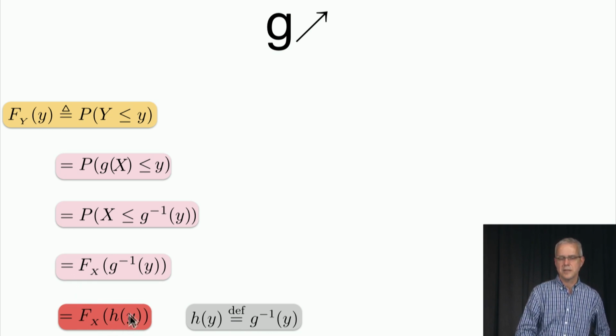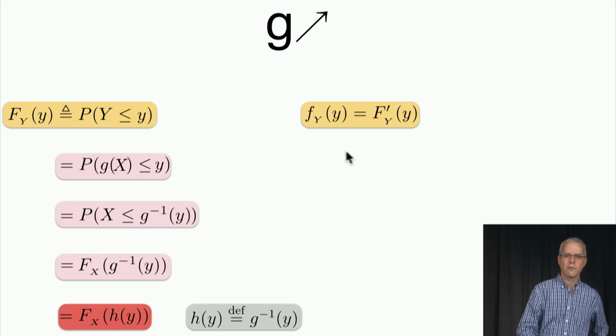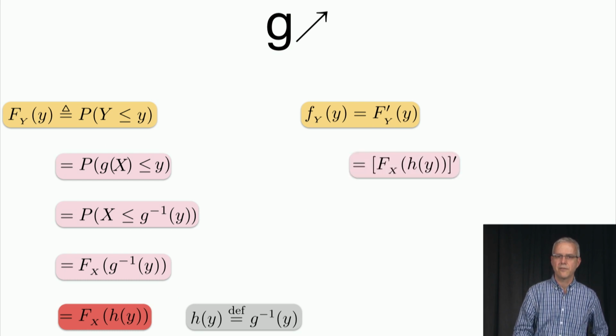Okay, so that's easy. Now we want to find the PDF, so we need to differentiate this. So f_Y of y is the derivative of this function, the derivative of F_X of h of y, as we saw here. When we take the derivative, we first take the outer derivative and then the inner derivative.